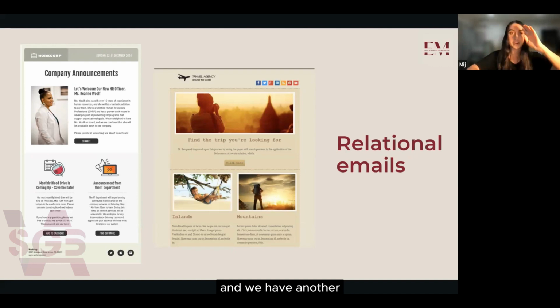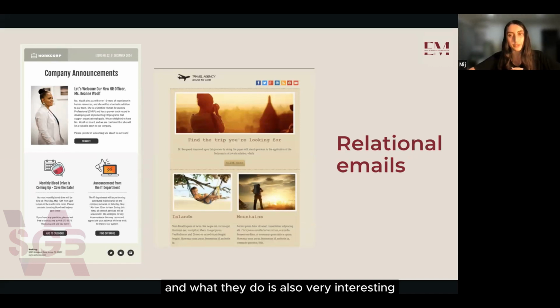And we have another example. So this is about medicines, basically about doctors. And what they do is also very interesting to nurture relationships with their customers. Aside from sending interesting content, you can also send company announcements. And this is very similar to social media marketing, right?